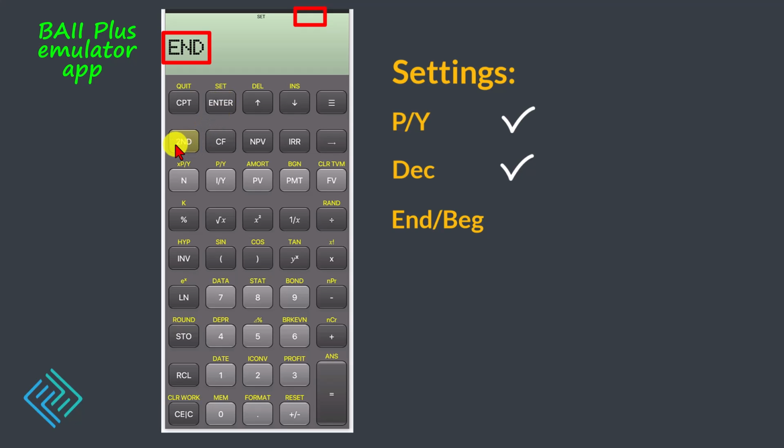Once you are in the correct setting, which we want to be end mode, use second, quit to exit. You can see that the small BGN flag has now disappeared. For all calculators, the absence of the BGN flag means that you are in end mode, and I always think it is a pity that none of them show the end flag.